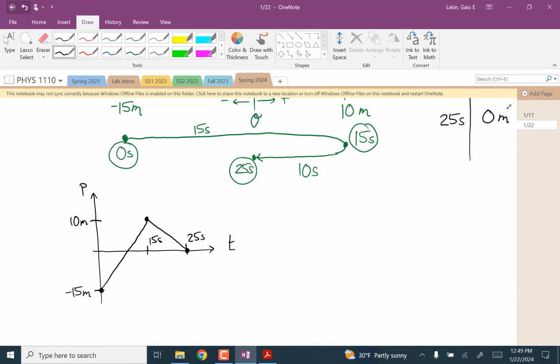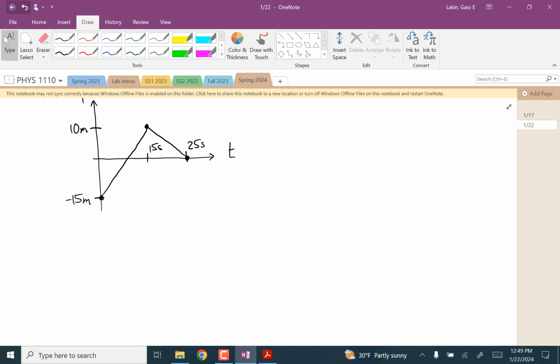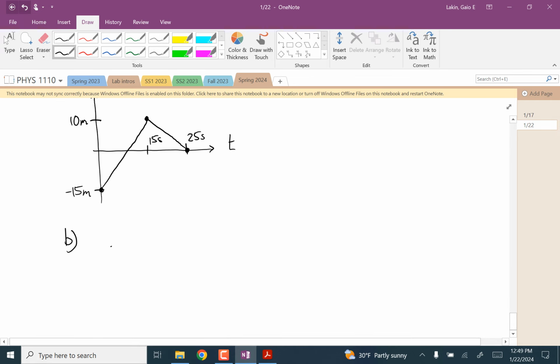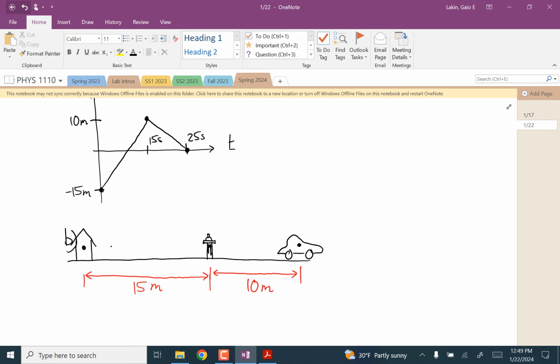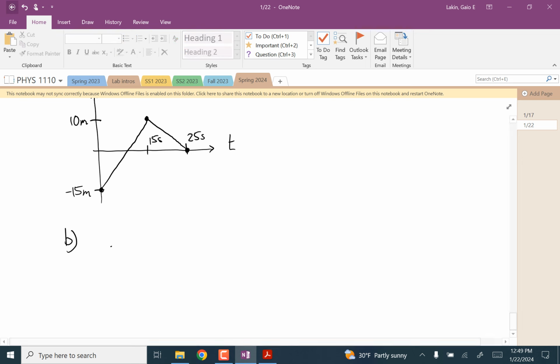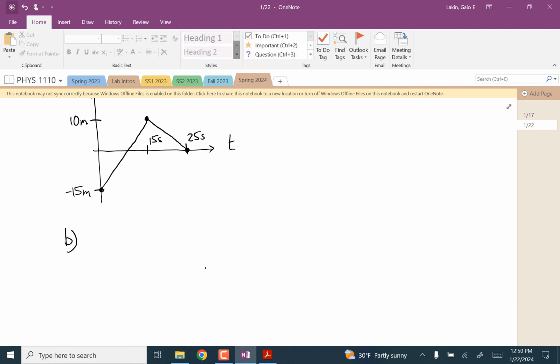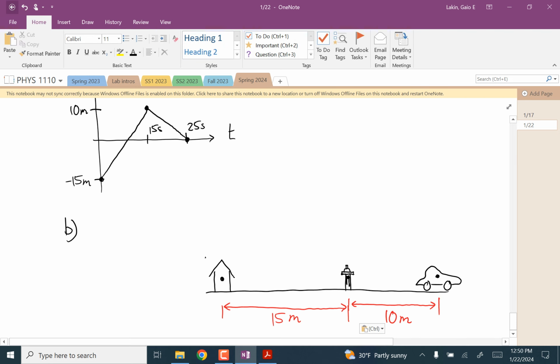Okay, let's do part B now. And I'm going to start with this same diagram.